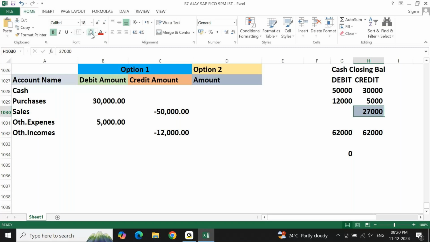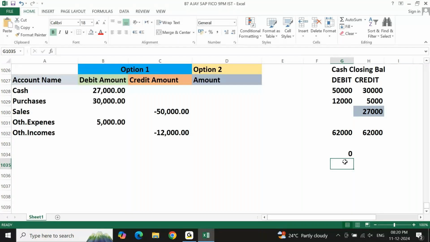This 27,000 is more on the debit side. Agree? Yes. As a result, we call the cash closing balance 27,000 debit or credit? Debit. So in cash, I will put 27,000 as a debit. Is this correct?